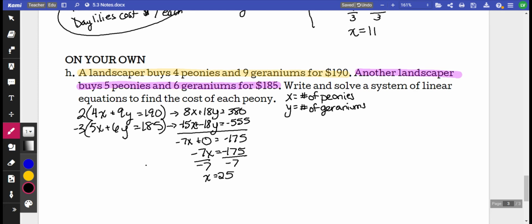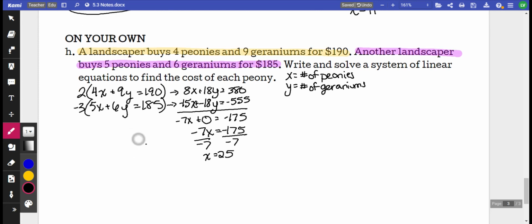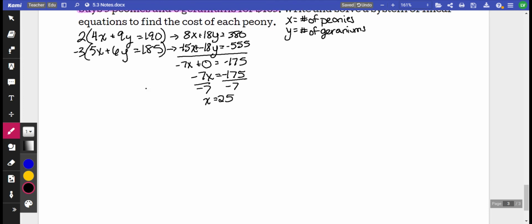So we have our x value. Now we want to solve for our y value. Doesn't matter which equation you choose. I'm going to choose the first equation. Right, so 4 times 25, oops, I actually wrote 24, plus 9y equals 190.